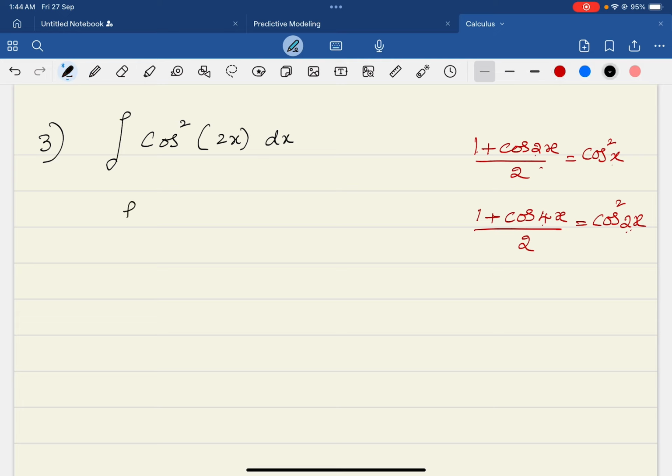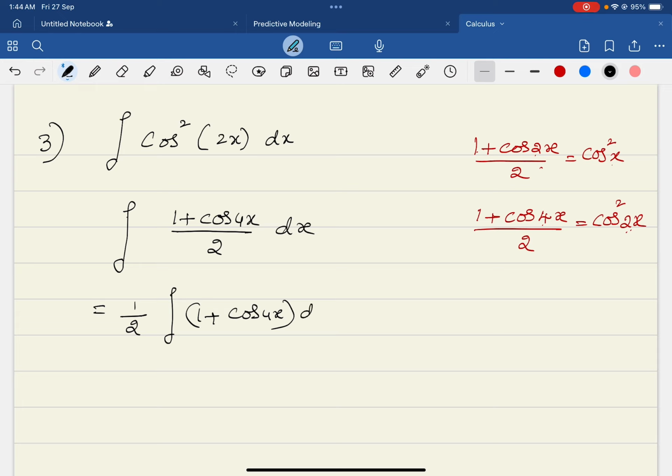So now how will you write this? Integral of (1 plus cosine 4x) over 2 dx. Now I can take 1 by 2 outside, and then integral of 1 plus cosine 4x dx.